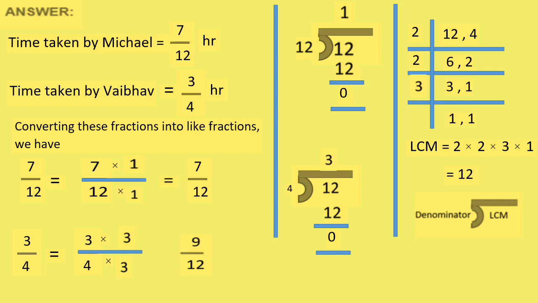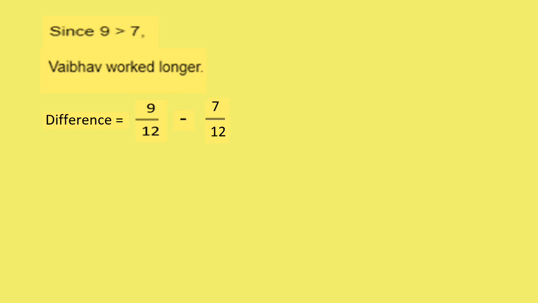Here compare. We got 12 as the denominator, so look at the numerator. 9 is greater than 7. Which one is bigger? 9 is bigger. It means Vaibhav worked longer. And they asked the difference also. So difference is equal to bigger number minus smaller number. So 9/12 minus 7/12.